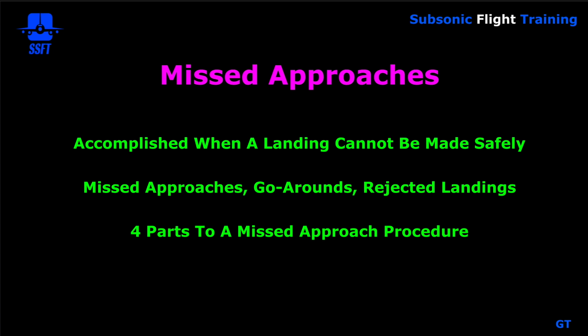Missed approaches or go-arounds or rejected landings are accomplished anytime a landing cannot be made safely. The only difference is the point at which you're initiating the change from a landing attitude to a climb attitude.